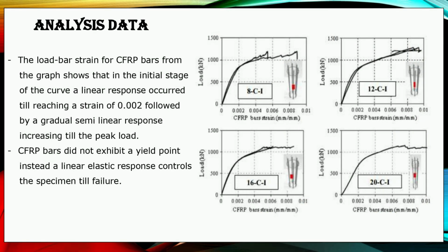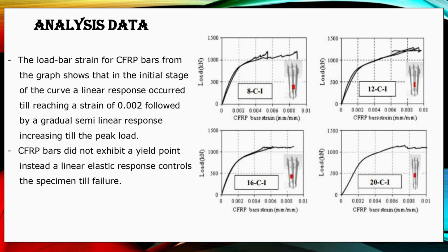The load strain for CFRP bars from the graph shows that in the initial stage of the curve, a linear response occurred until reaching a strain of 0.002, followed by a gradual semi-linear response increasing till the peak load. It should be noted that the CFRP bars did not exhibit a yield point.